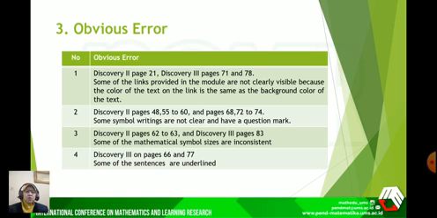In Discovery 2, pages 62 to 63, and Discovery 3, page 83, some of the mathematical symbol sizes are inconsistent. And in Discovery 3, pages 66 and 77, some of the sentences are underlined.